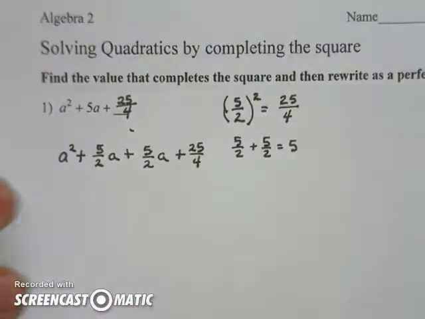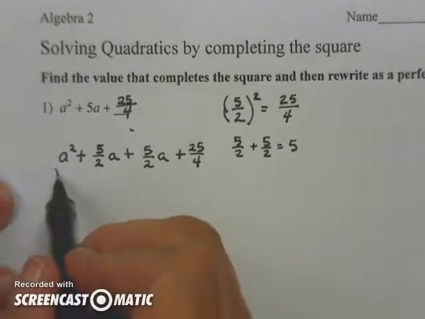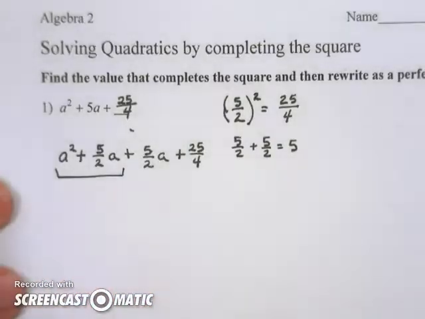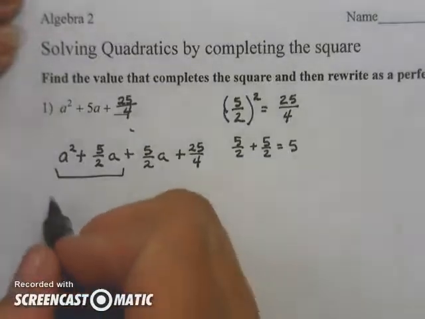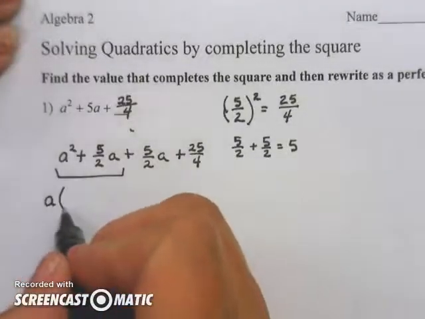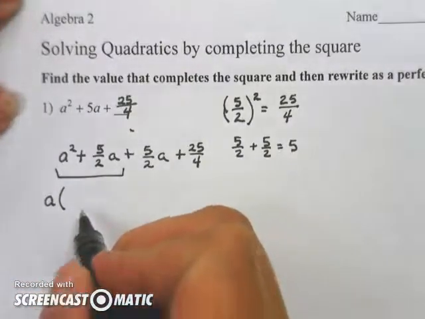Now using grouping, I'm going to take the first two and find a common factor. As I look at that, I see that they both have the variable a. So I'm going to take that from both terms.